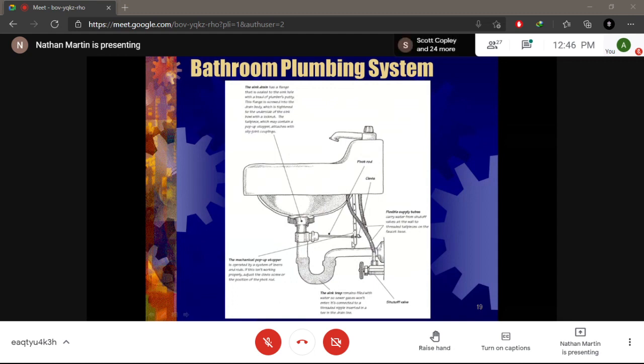They come in measurements from 12 inches up to about 20 inches in length, right?